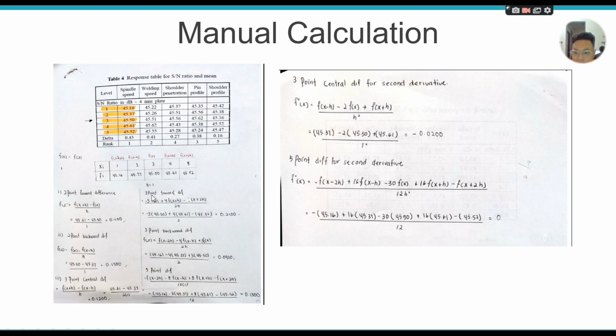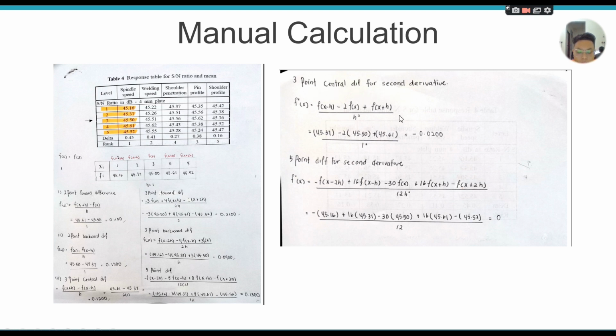Next is the 3-point forward difference, and this is the formula. Same as before, we took the data from this, put it into the formula equation, and this is the answer. We repeat until the 5-point difference formula, and then the 3-point central difference for the second derivative.